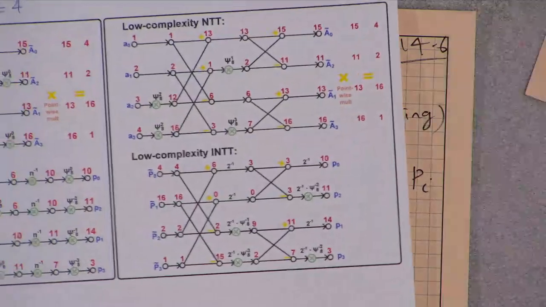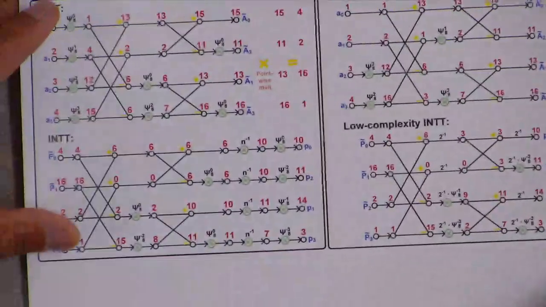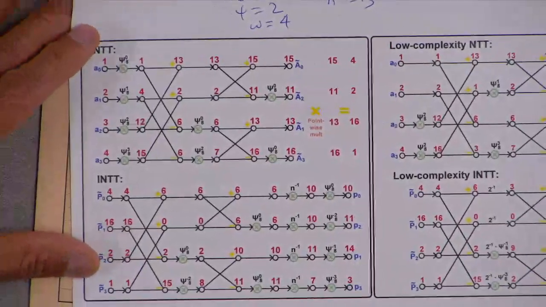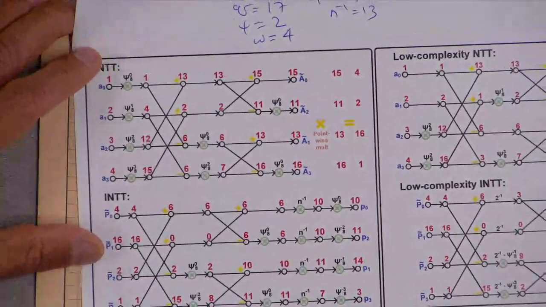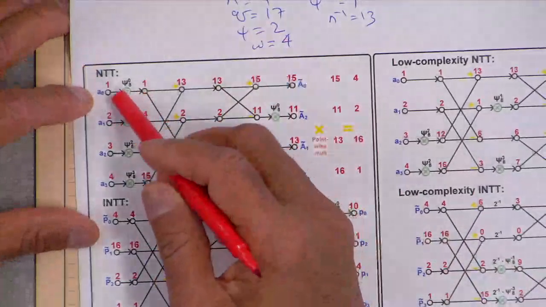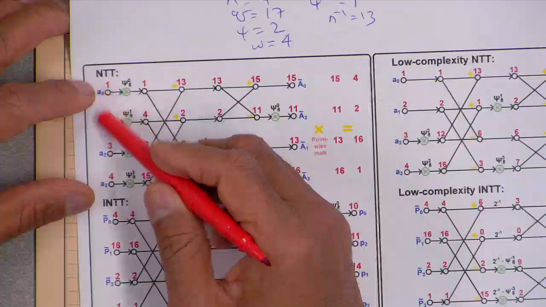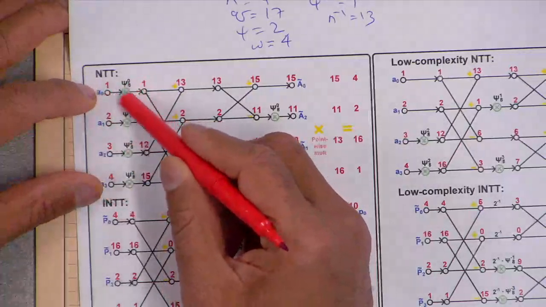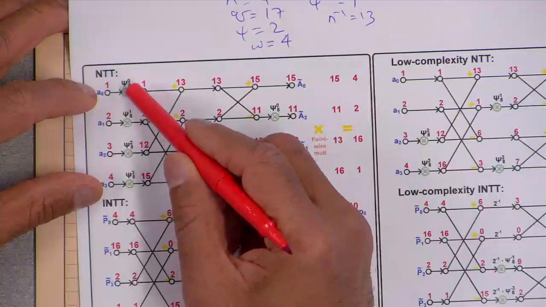Okay, so that's by appending zeros. And how do I use the negative wrapped convolution? The negative wrapped convolution says, take these A_i and multiply by psi to the power, by the way, this psi 8 means 8th root of unity.